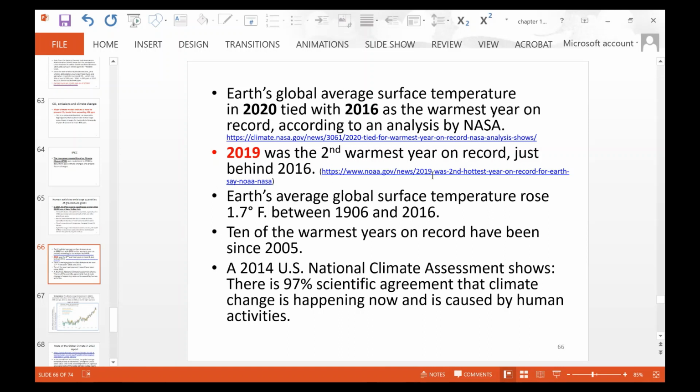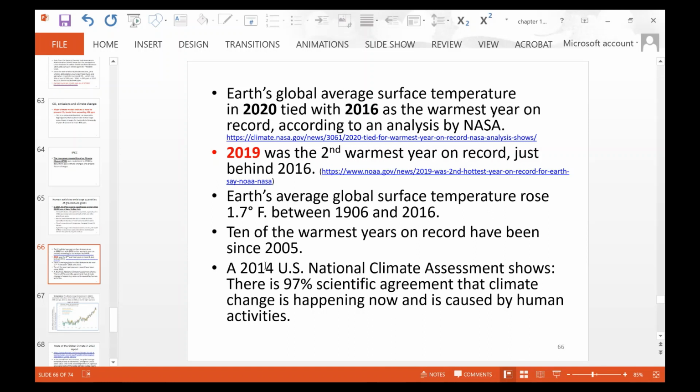But that statistic came out in 2019, before 2020 tied with 2016. The Earth's average global surface temperature rose 1.7 degrees Fahrenheit between 1906 and 2016, and 10 of the warmest years on record have been since 2005.